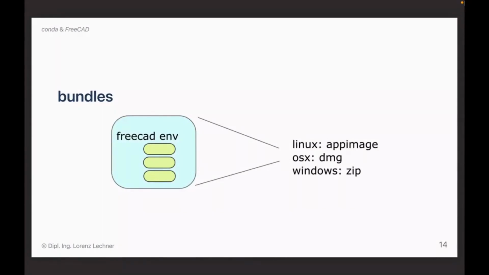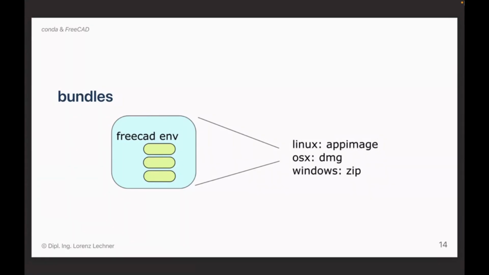So now, as I said in the first slide, I'm going to talk a little bit about bundles. Bundles are basically compressed files which include a full FreeCAD environment. For the bundles, we first create an environment where we install FreeCAD and all its dependencies, and then we use some scripts to bundle this environment into AppImages for Linux, DMGs for OS X, and zip files for Windows.